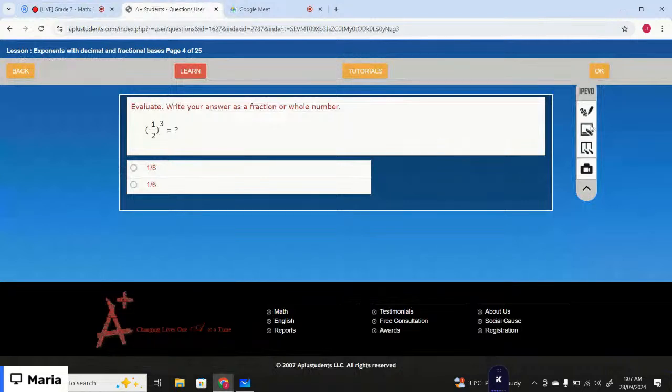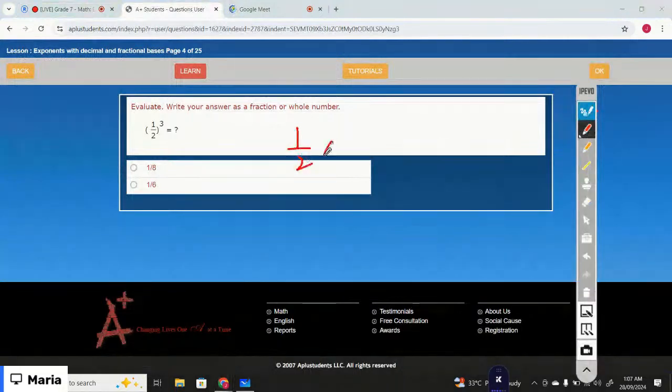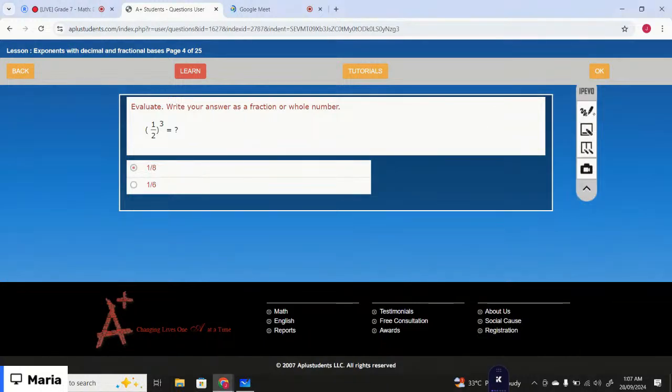So you have to do 1 by 2 times 1 by 2 times 1 by 2. You need to multiply all the numerators and all the denominators. So that is 1 over 8. Option number 1 is the correct option. Got it?